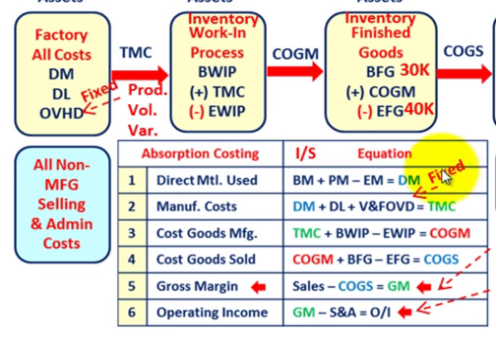And this is where we're going to get that production volume variance with this fixed overhead. That's going to equal your total manufacturing costs. They flow into your cost of goods manufactured: total manufacturing cost, plus beginning work in process, less the ending work in process, so you're going to get a cost of goods sold, and so on here. We'll get down to the point where you have to determine some operating income.